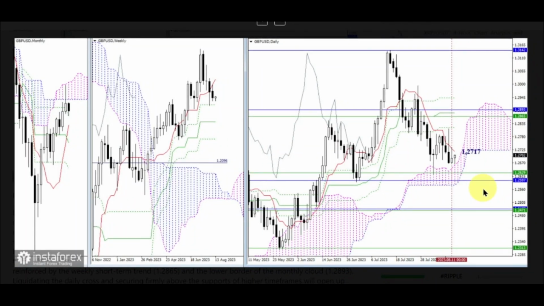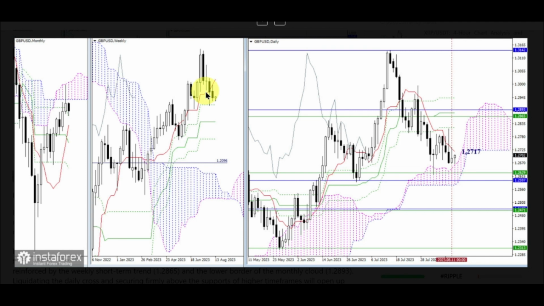Last week, on GBPUSD, the market did not manage to exceed the range of the previous week's candle, as the trading range was insubstantial. Consequently, the main tasks facing the market retained their significance.